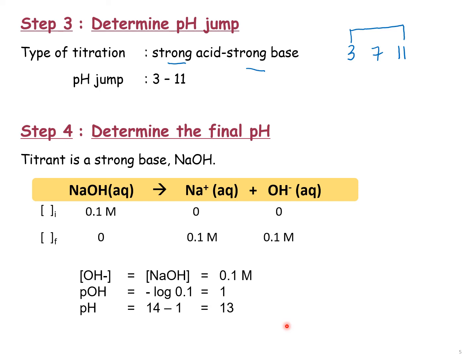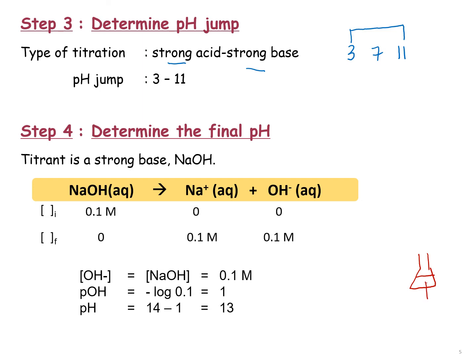Okay. Dekat sini, kenapa penting kita nak determine the final pH? Okay. Nilai dekat sini kiranya final pH kita bukan 13. Okay, sebab apa? Awak ingat balik. Okay, last sekali, apa yang akan tinggal dekat dalam kita punya conical flask?